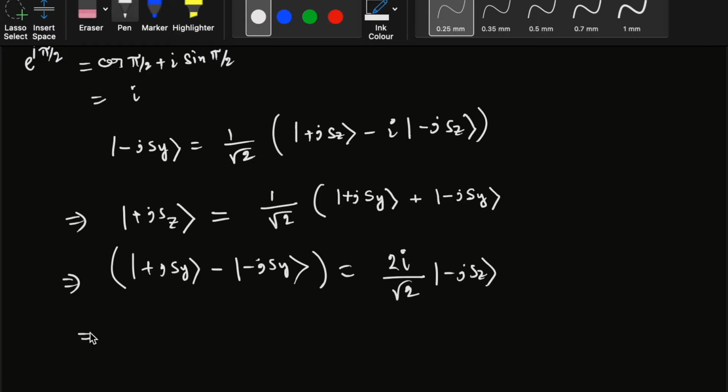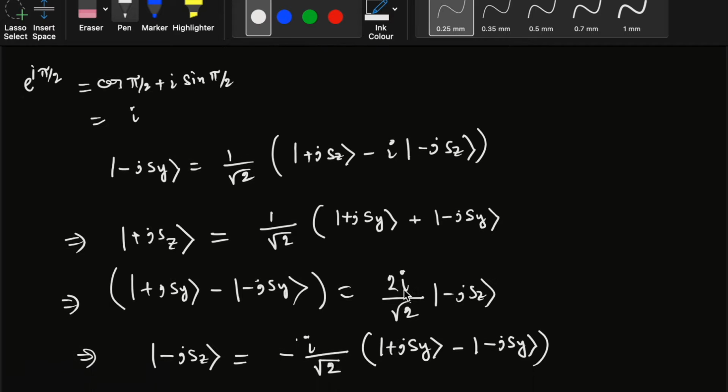So that means this plus Sz minus Sz can be written as minus i by root 2 plus Sy minus minus Sy.